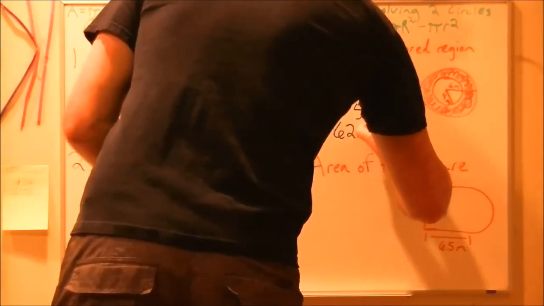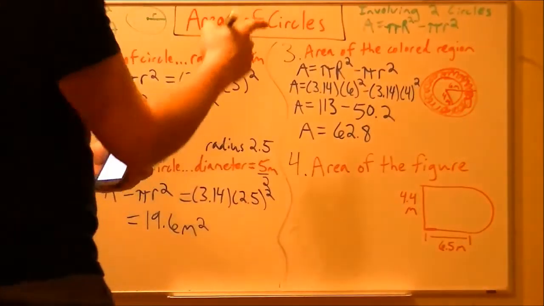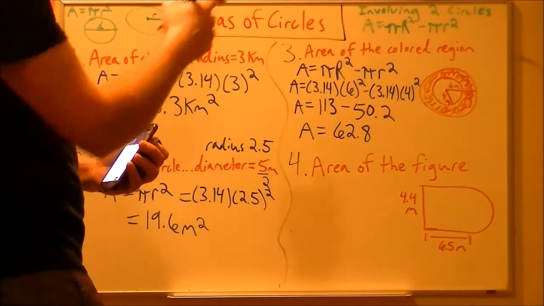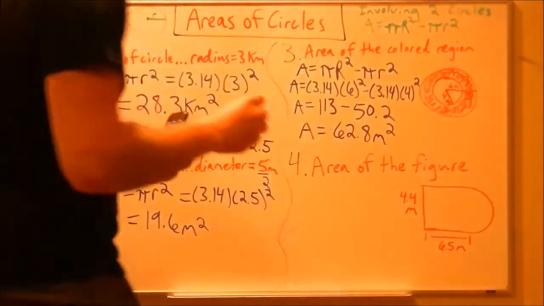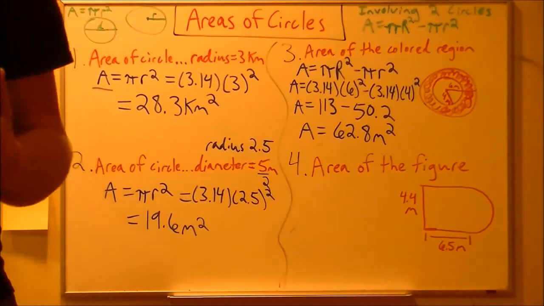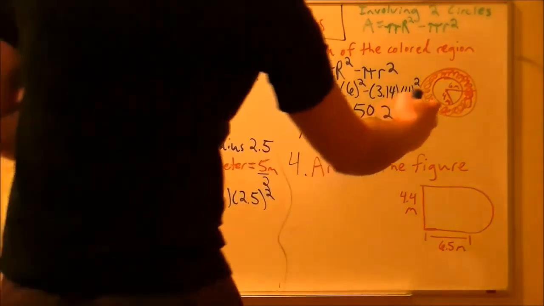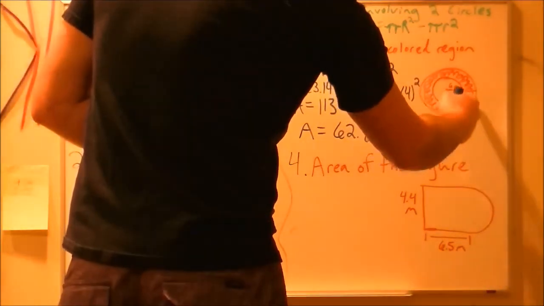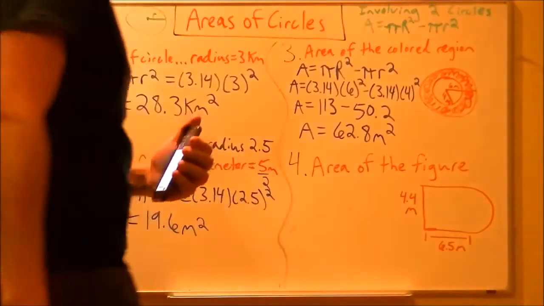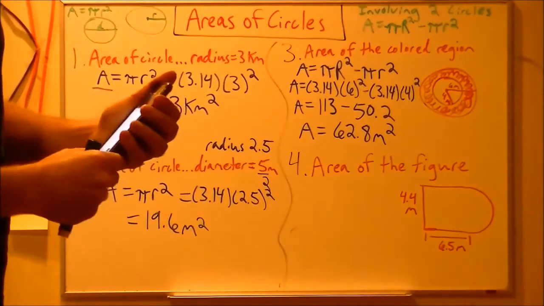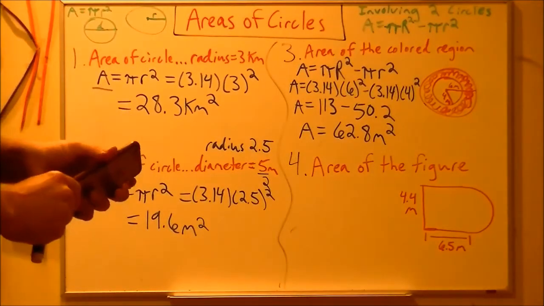So my area is 62.8, and I need to go back and look at my units. What are they? Meters. And we know by this point that those meters, like any unit in calculating area, need to be squared. And that tells me the area of just the shaded region. That's kind of cool, isn't it? And so you can use the 2 circles to help you to determine that.